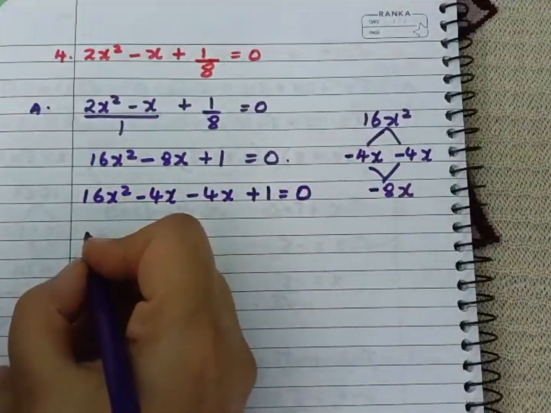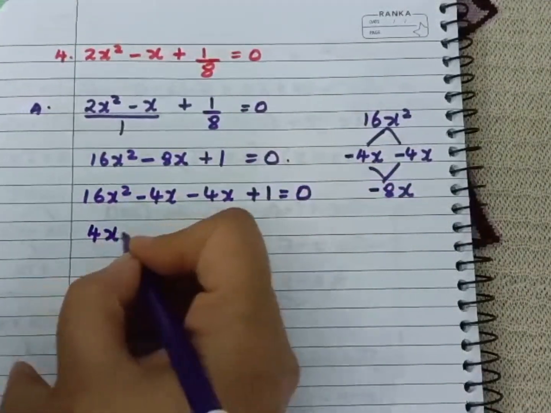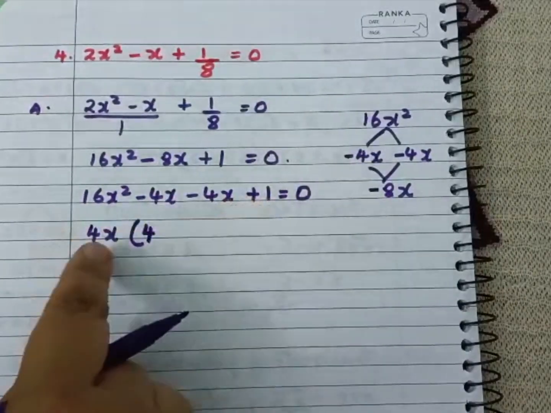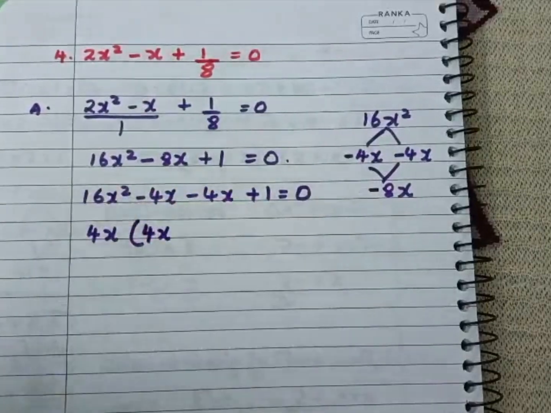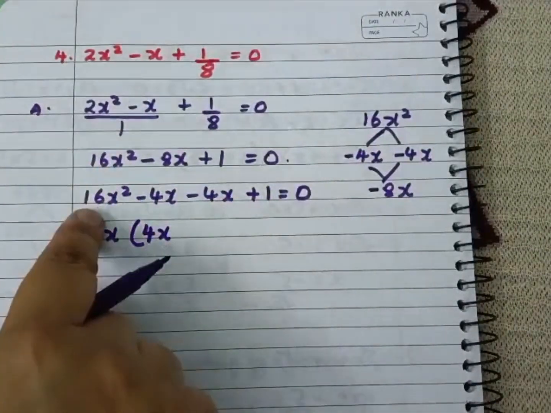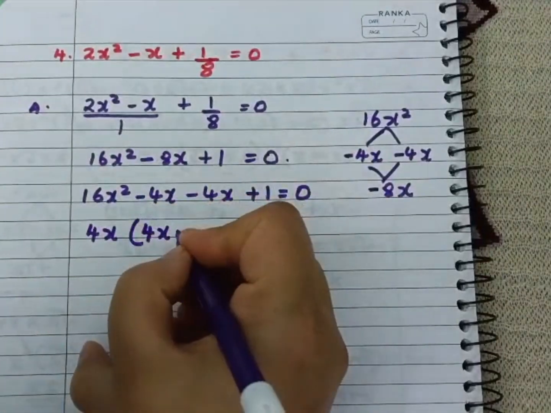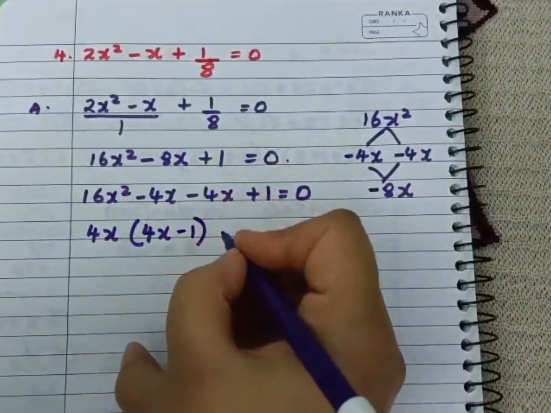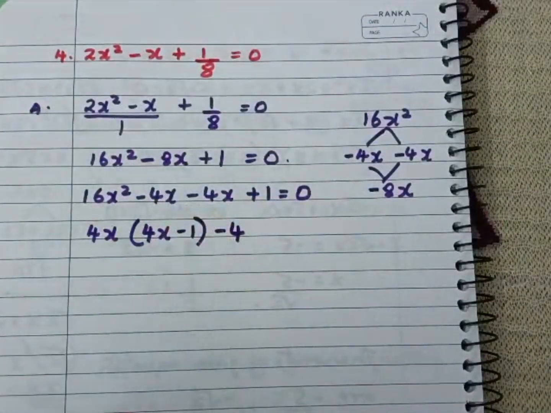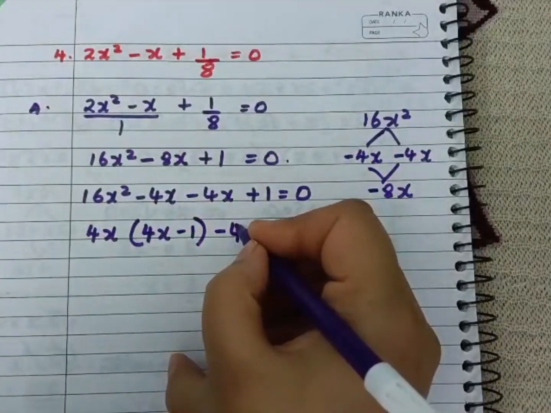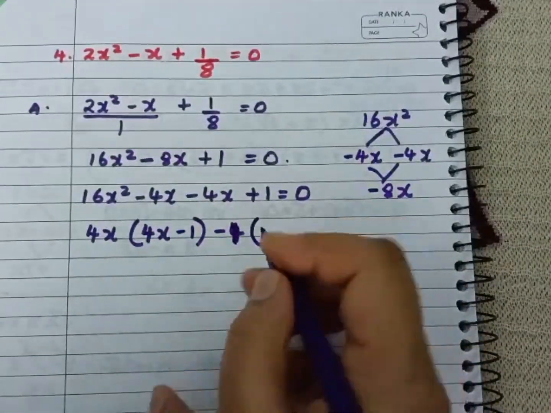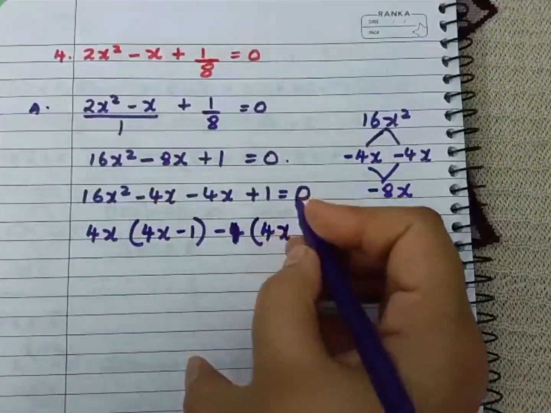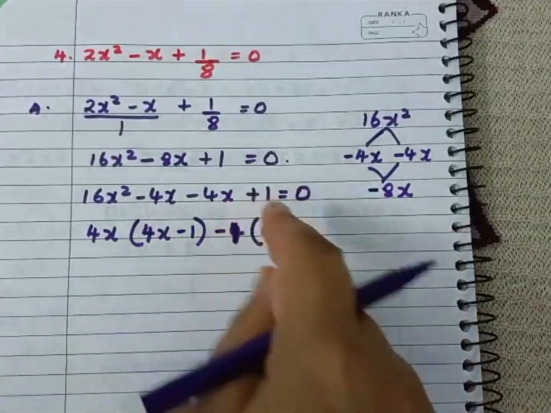Now over here 4x of 4 4s are 16. X into x is x square. 4x into 4x is 16x square. Now minus 4x into 1 is 4x. Sorry, not minus 4. I'm going to take 1. 1 into 4x is 4x. Minus into minus becomes plus.